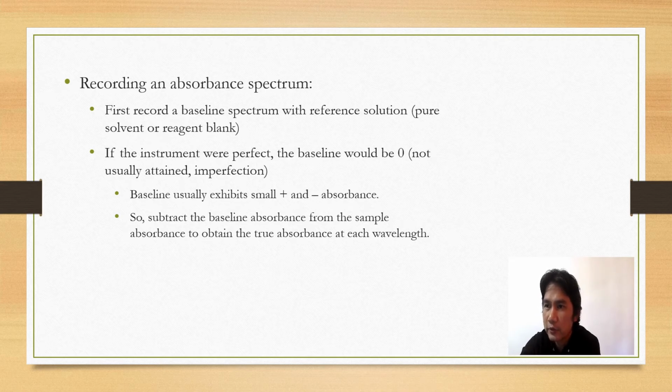Although the instrument is perfect, there would be some limit of uncertainty. So plus and minus absorbance. So here, after we have recorded the baseline absorbance, we now read or measure the absorbance of the sample, and then we subtract the absorbance of the reagent blank.